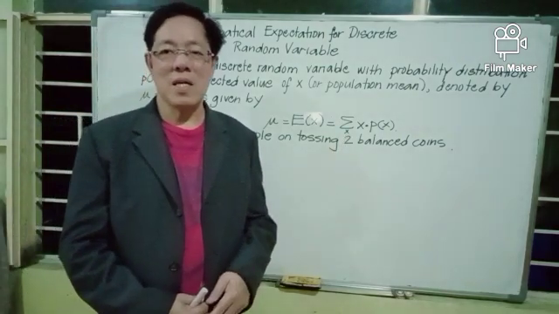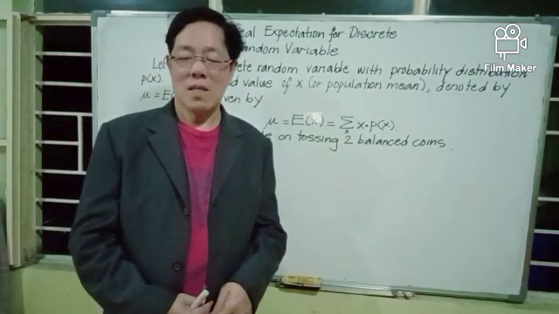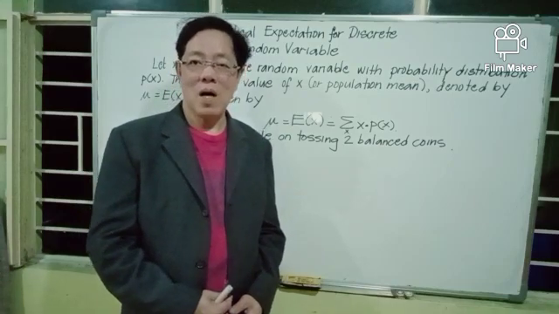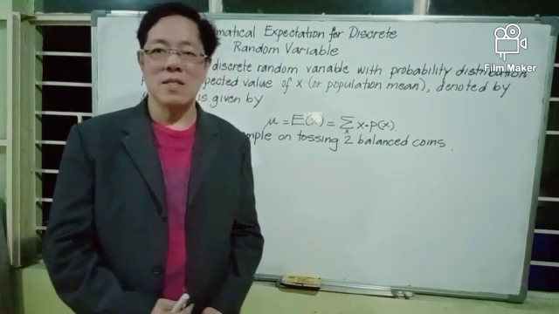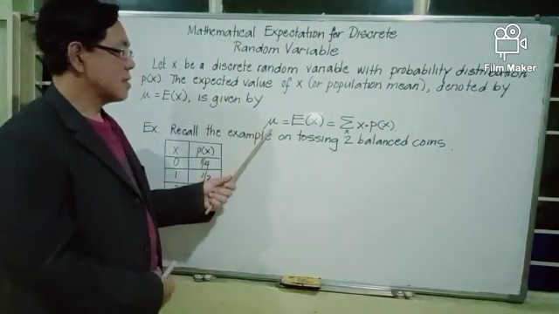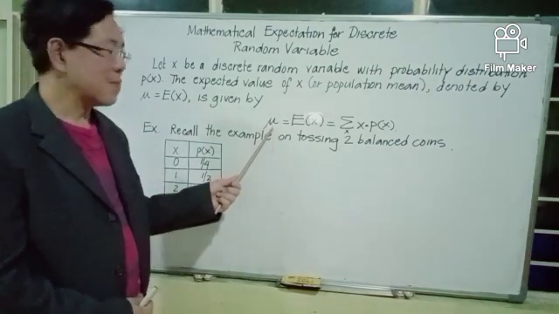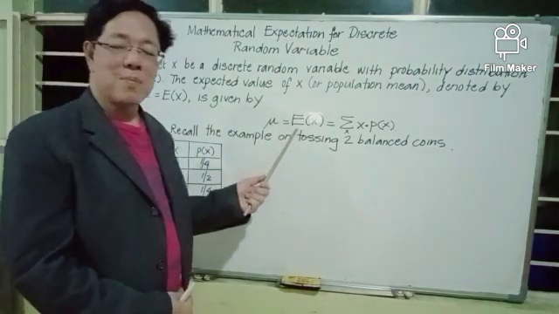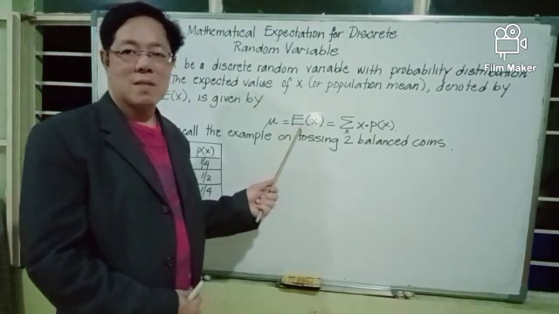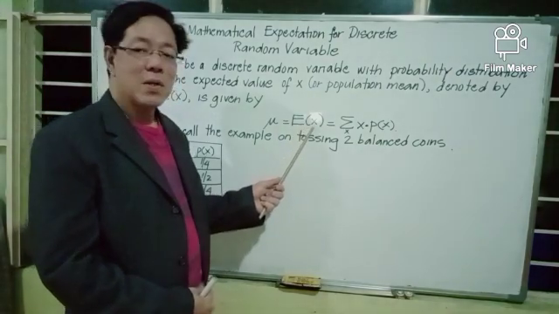And the expected value, or population mean, or mean of the discrete random variable x is denoted by the Greek letter mu, or the expected value is denoted by E of x, capital E for expected value of x.